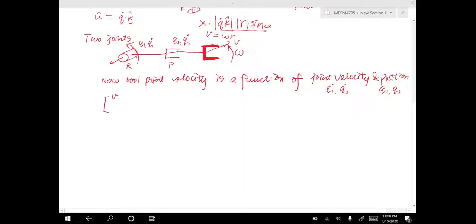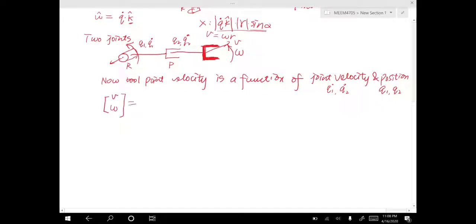So what we are actually interested in is the linear velocity v and the angular velocity of the end effector of this tool.